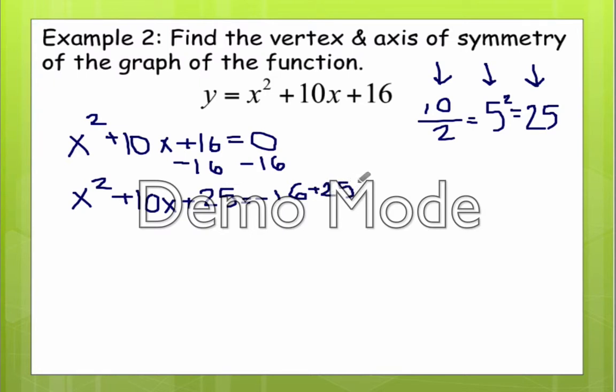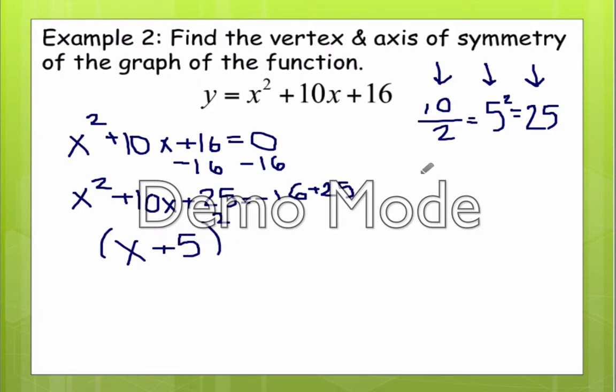And why do I do that? Because now the left-hand side is a perfect square trinomial. So rewrite it as a perfect square trinomial. What squared equals x squared plus 10x plus 25? Well, that's x plus 5 quantity squared.